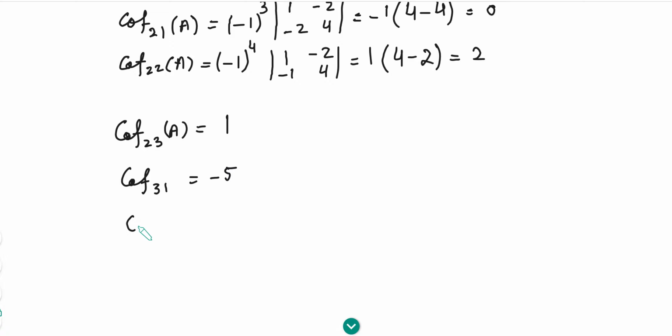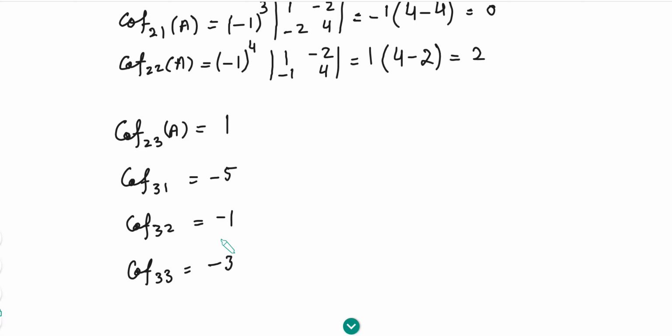Now cofactor 3 2 is equal to, you need to calculate all of these, that is -1, and cofactor 3 3 is equal to -3.